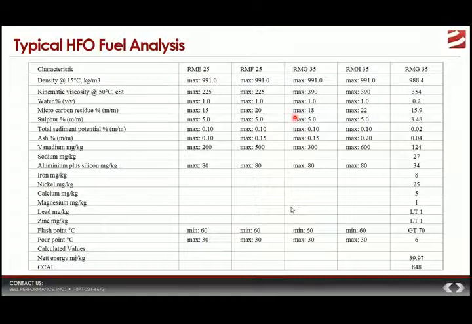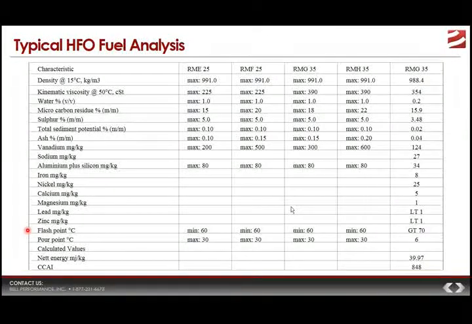So sulfur is important because of environmental concerns and also because of corrosion concerns, which we will touch on a little bit later. Other things that they look at, total sediment potential and ash percent. Well, that should be pretty well self-evident what those mean. Flash point, they definitely need to make sure that flash point is adequate because flash point affects combustibility.